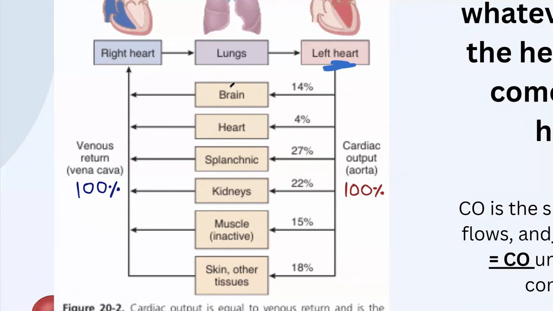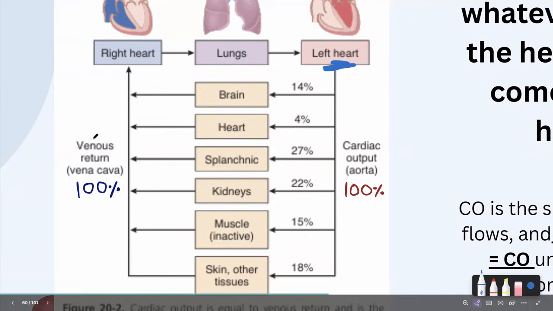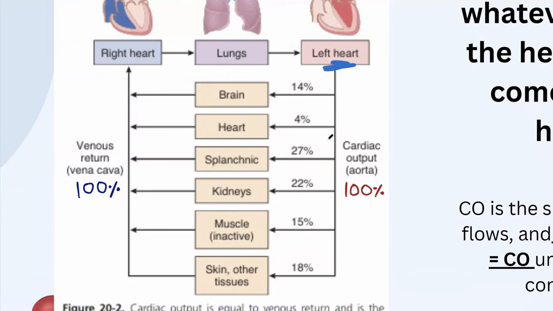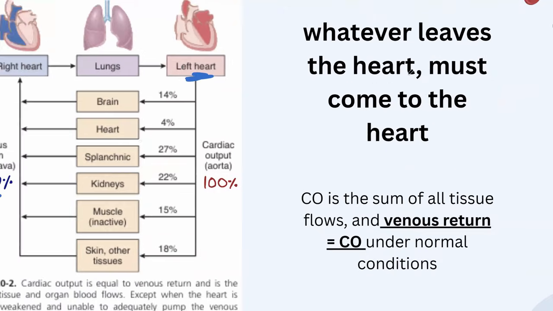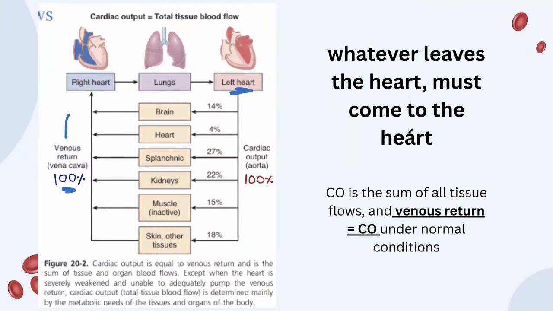After the blood is done going to the organs, it's going to combine into the venous return in the vena cava. So the 100% divided among the organs is going to combine again to give you 100%. So whatever's leaving the left side of the heart, even if it splits, is all going to come back combined as 100% again as venous return. What that means is that whatever leaves the heart must come back to the heart.